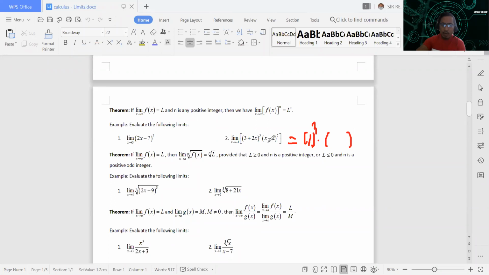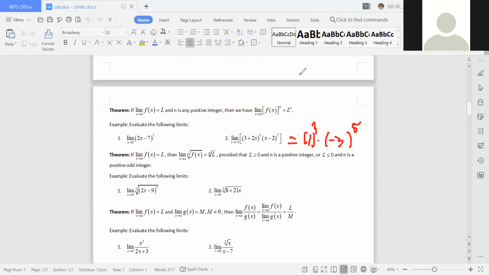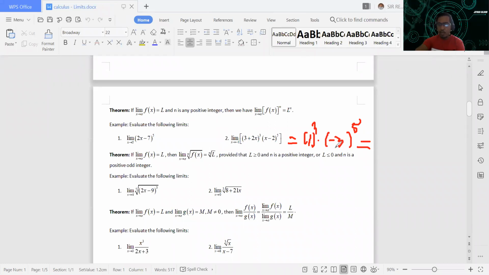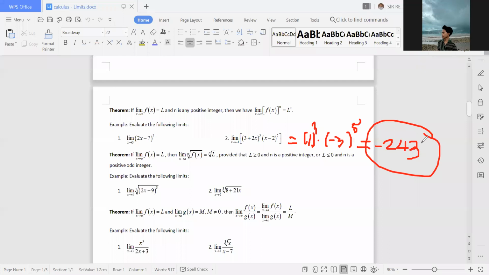So the answer here is negative 3 to the power of 5, negative 3 raised to 5. Then if you simplify it, since the exponents add, our answer is negative. The 1 drops out since it is still 1. So negative 243. Right? Yes, sir. Okay.